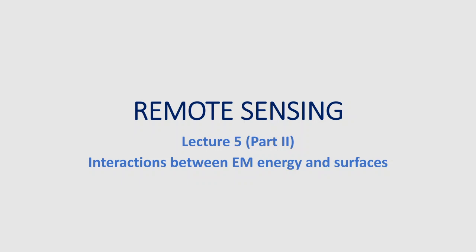In the first part of the lecture, we introduced all the topics related to the geometrical aspect of the reflection coming from the surface, while in the second part, we are introducing the topics related to the spectral characteristics of this kind of reflection. So we will start with this part.